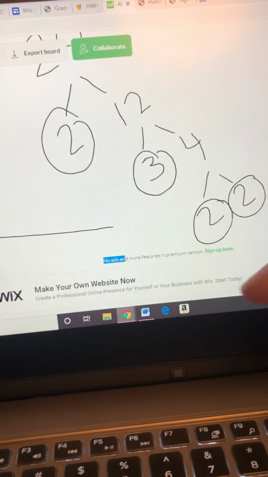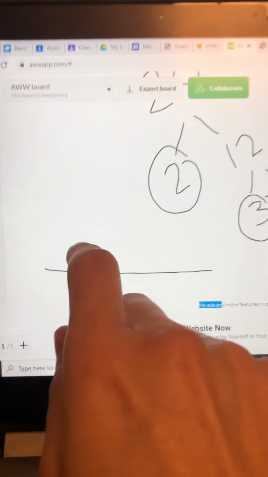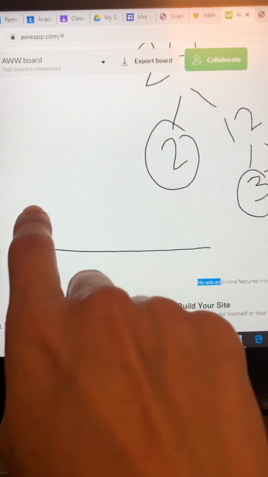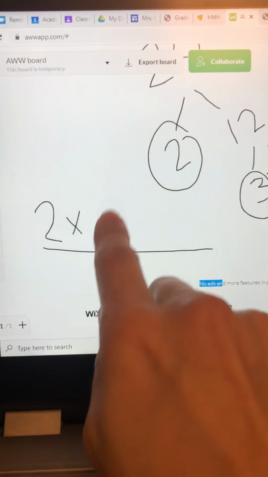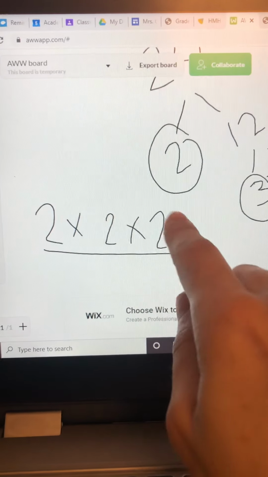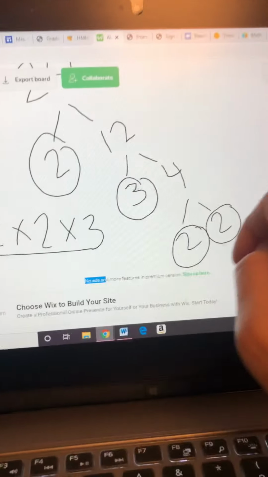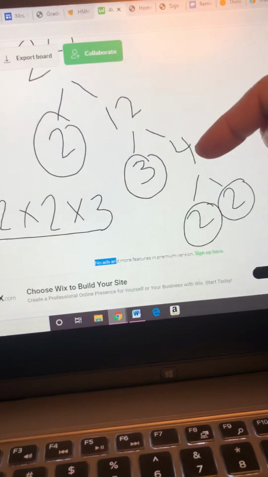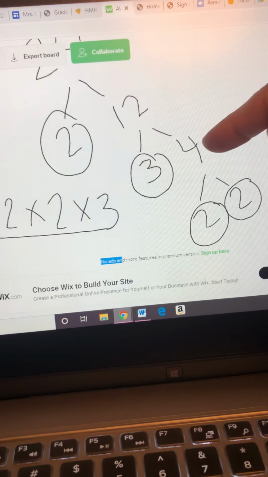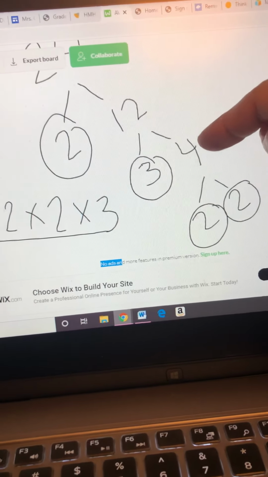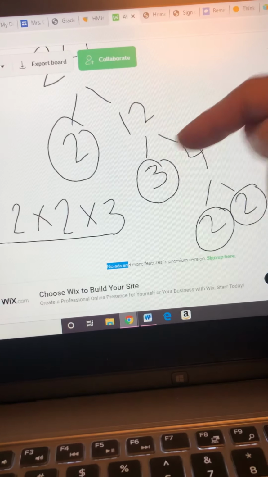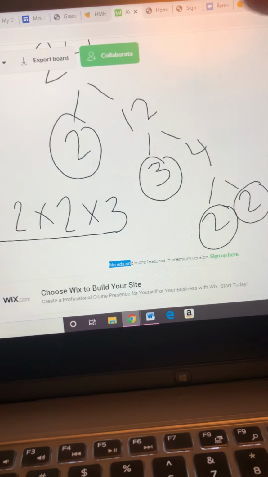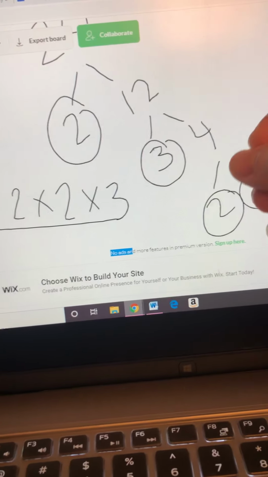You can write your answer in 2 ways. Okay, I'll show you. From least to greatest, you can write 2 times 2 times 2 times 3. Okay, you don't include the 12 and the 4. Why? Because those numbers were factored out. So basically what you want is the end of each factoring or each little line.